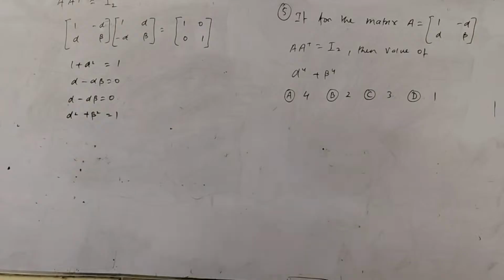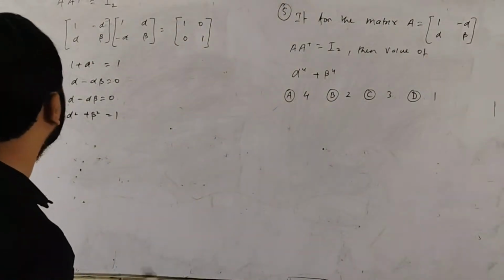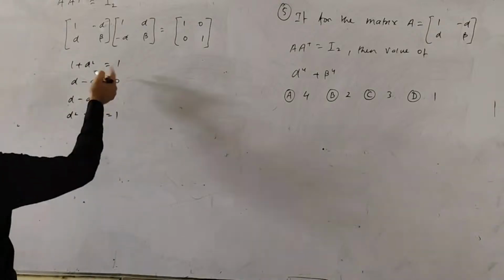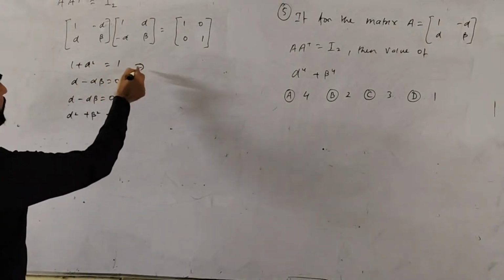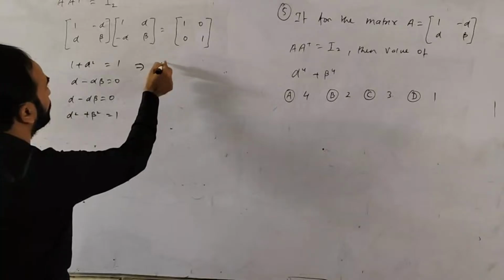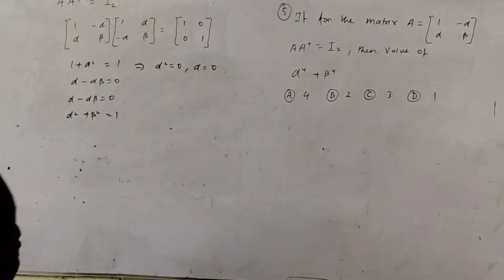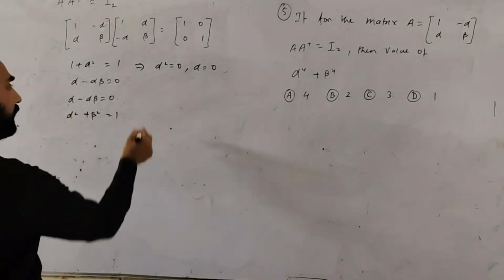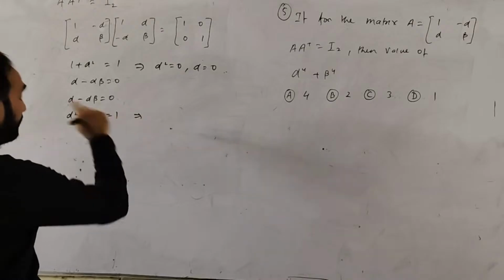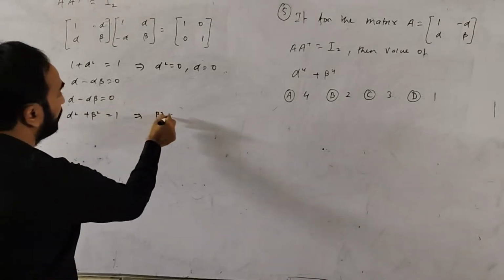Alpha square plus beta square is equal to how much? 1, right? Since there are only 2 unknowns, alpha and beta, we will make use of only 2 equations. So I think this will help, because from here that implies alpha square is equal to 0. So alpha will become what? 0. So one of the alpha values we got. Now same alpha value if I put here, from here I can get beta square is equal to what? 1.